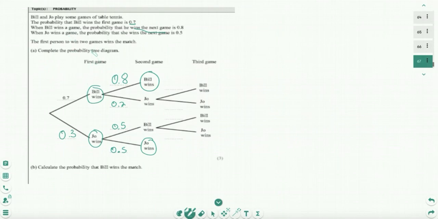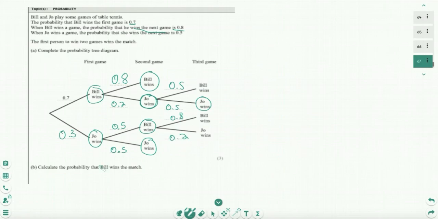All right? Now, let's say Joe wins again. If Joe wins, the probability that she wins the next game is 0.5. So Bill must be 0.5. And then here, Bill wins. If Bill wins a game, the probability that he wins the next game is 0.8. So this is 0.8. And Joe is 0.2.